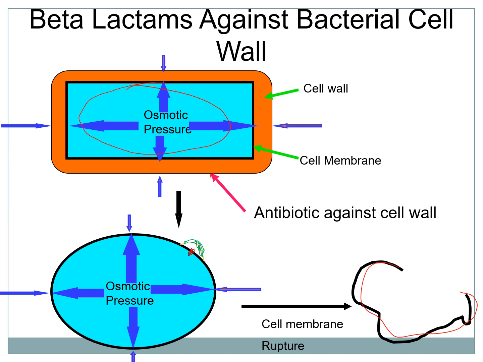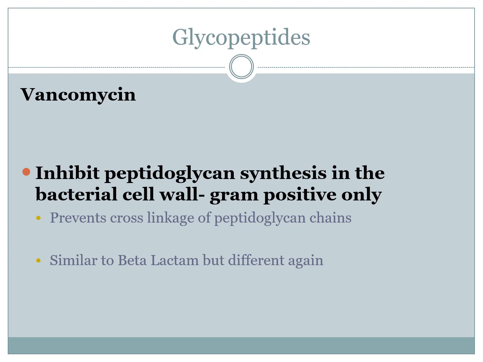Okay, the next group of drugs that are associated with breaking down cell wall synthesis is your glycopeptides and your polypeptides. Now they're also bactericidal. Vancomycin is probably the most popular one in this class.